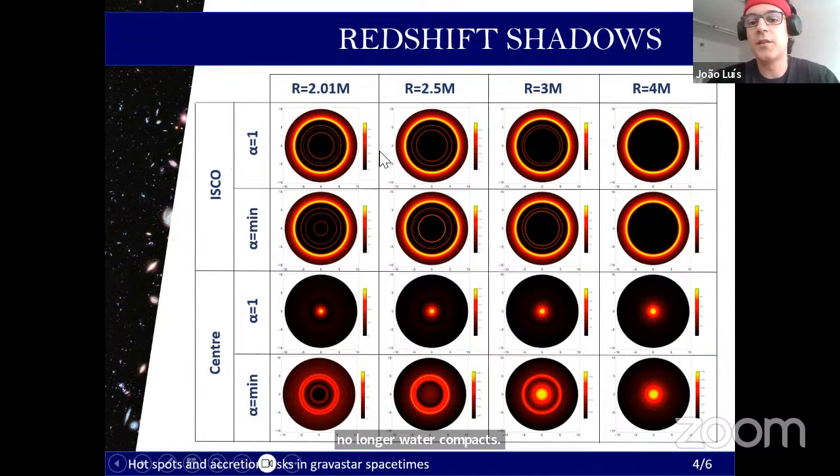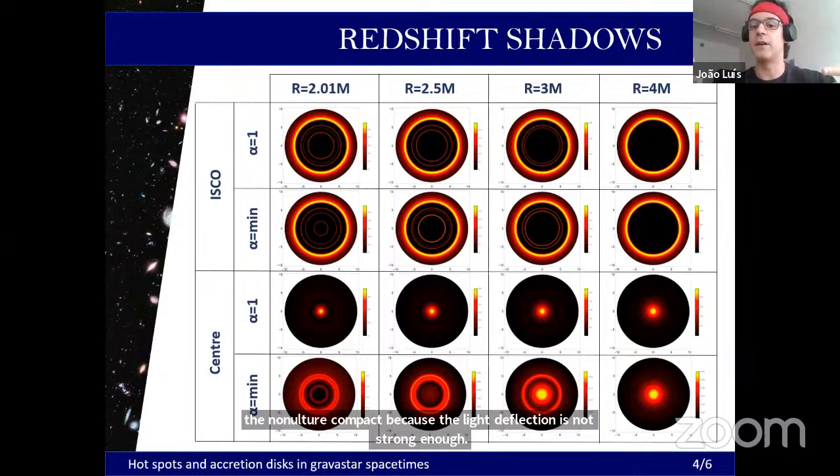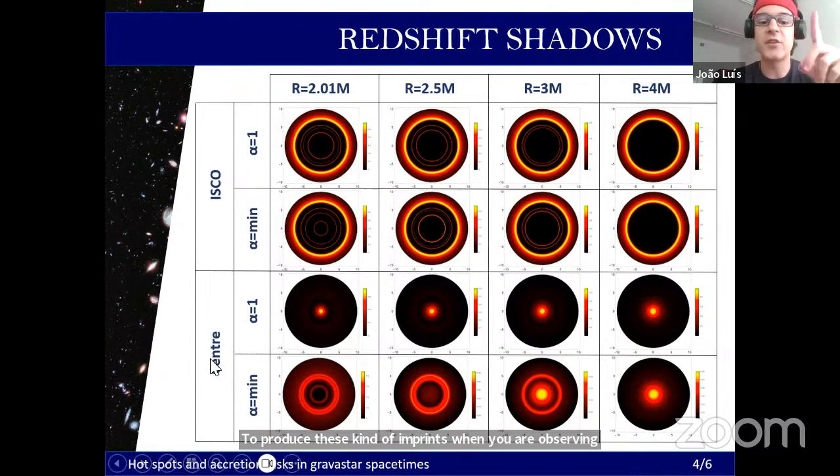Well, for the ISCO model, there are additional contributions because there's no event horizon, and we can see them for every case except for the non-ultracompact. It doesn't happen for the non-ultracompact because the light deflection is not strong enough to produce these kinds of imprints when you are observing axially. But for the central model, a very interesting thing happens.